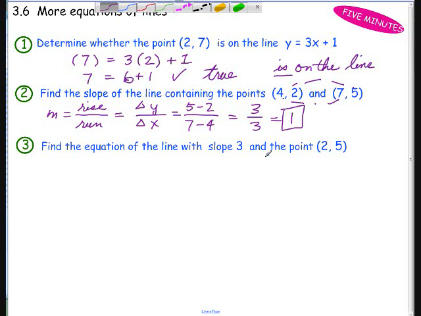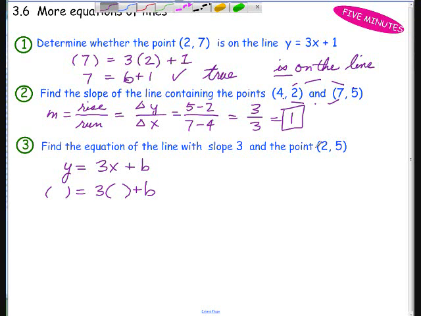Find the equation of a line with slope 3. So let's write that out. Y equals 3x plus our unknown y-intercept, but we're not worried about finding it because we have a point which is true, which we can plug in.